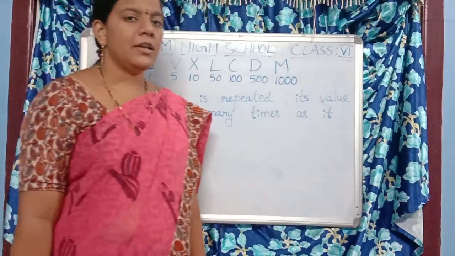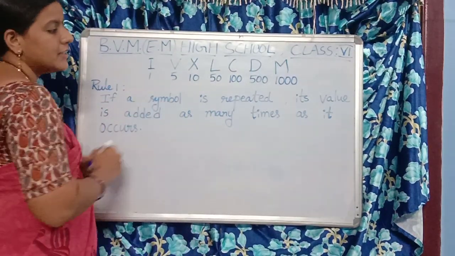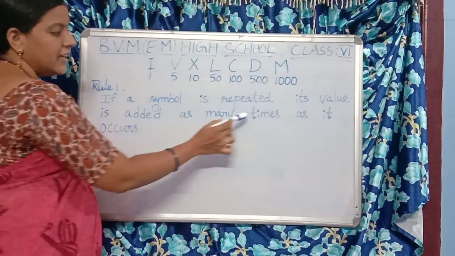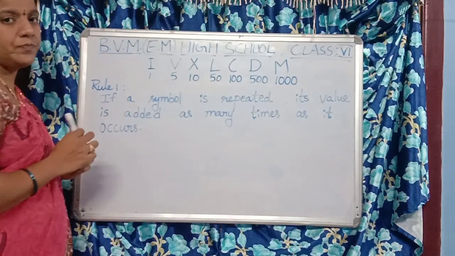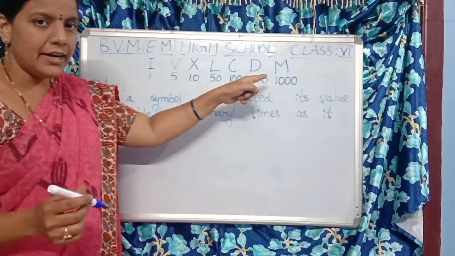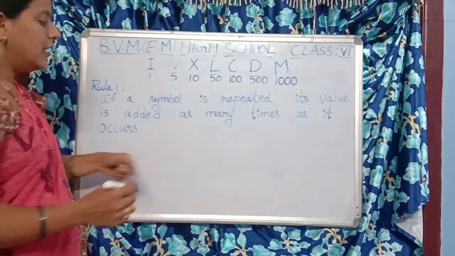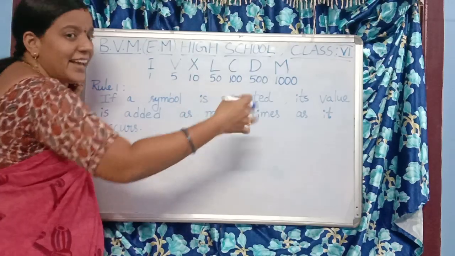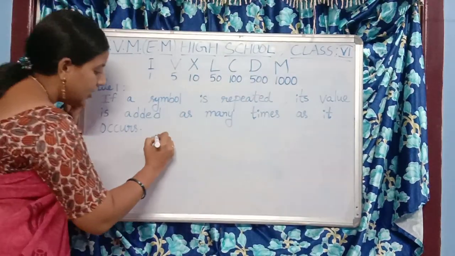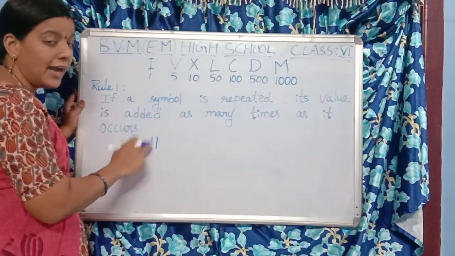Rule number 1. What is rule number 1? If a symbol is repeated, its value is added as many times as it occurs. Look here, I. I represents 1.